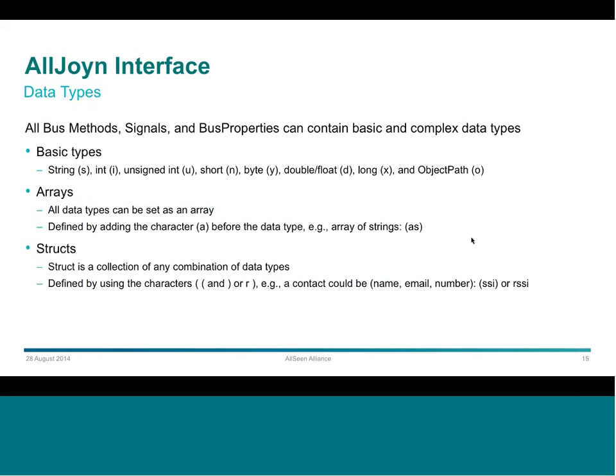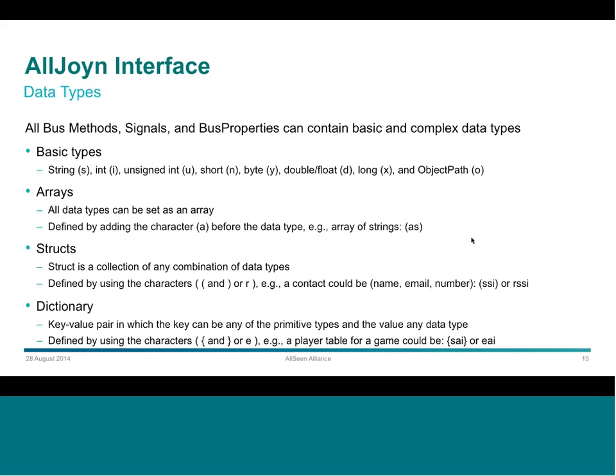You can also have a structure, which is basically a record or a struct in its primitive sense, that is a collection of a certain number of values. So, for example, a contact could be represented as a name, an email, and a number, where it is a string, and an integer. Or that could have been a long, that would be an x, or maybe a number is a string in your concept. It's however you choose.